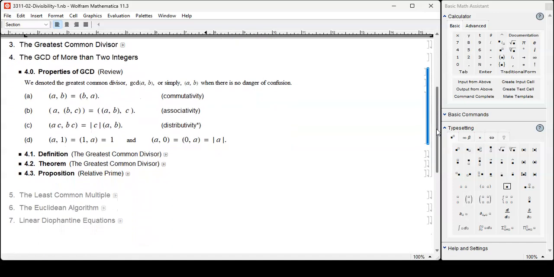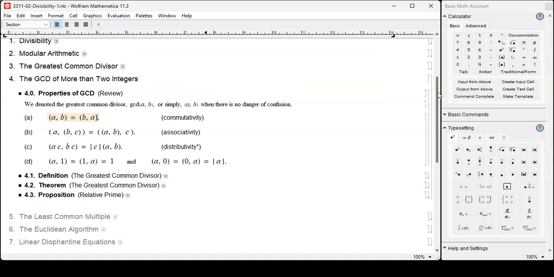Here's a review of some properties of GCD, which I'm going to leave to you. The proof is a bit tedious, but not too bad. So commutativity: the GCD of A, B and the GCD of B, A are the same.